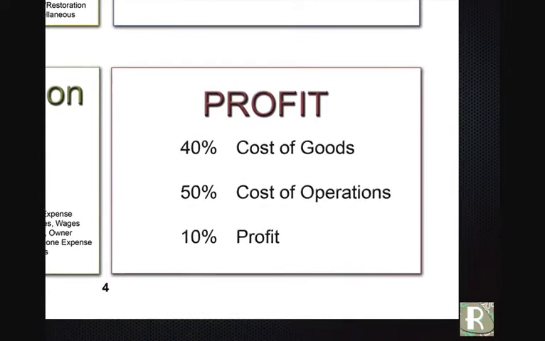We went through the cost of goods, your cost of operation, and your profit. And we went off the understanding that we would be using the 50-40-10 rule: 50% for your cost of operations of your gross revenue, 40% cost of goods, and 10% left over for profit. So we're going to be working off of that rule.